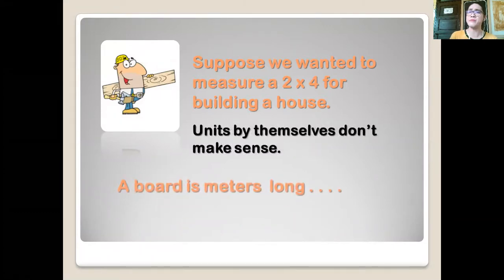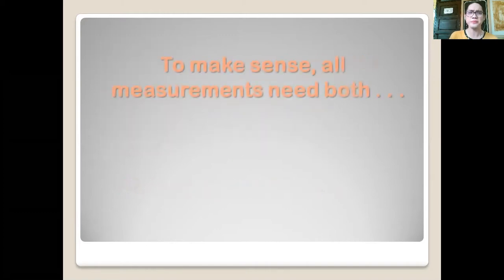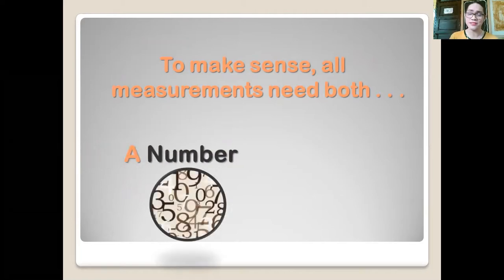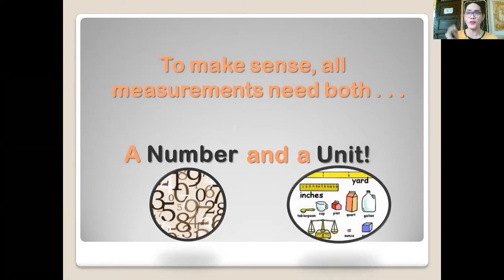Units by themselves don't make sense either. A board is meters long. To make sense, all measurements need both a number and a unit.